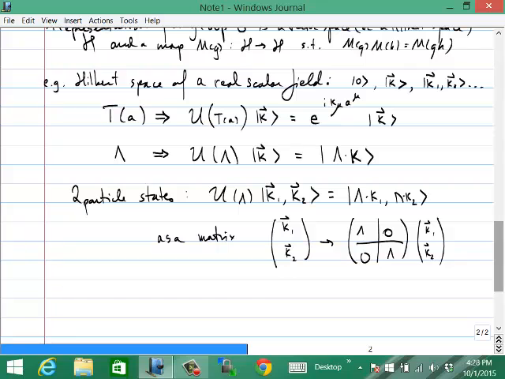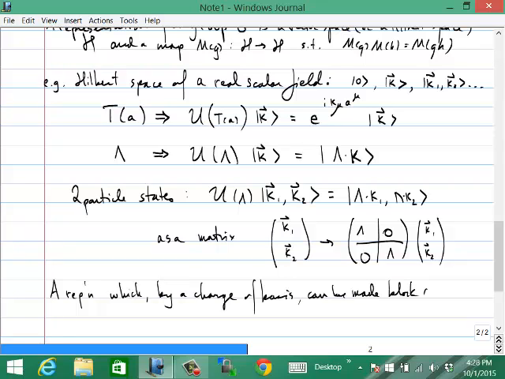I bring this up because there's another piece of language that I'd like to introduce, which is that a representation which, by a change of basis, can be made block diagonal, in the sense that all of the matrices M up here are block diagonal, is known as reducible, and otherwise it's irreducible.